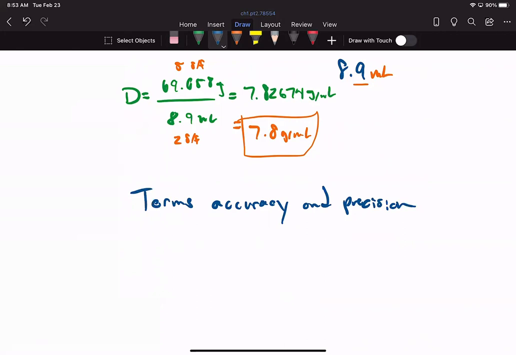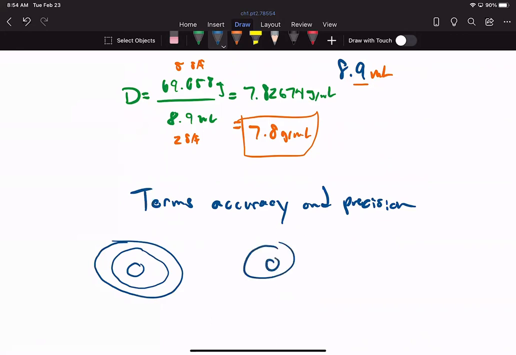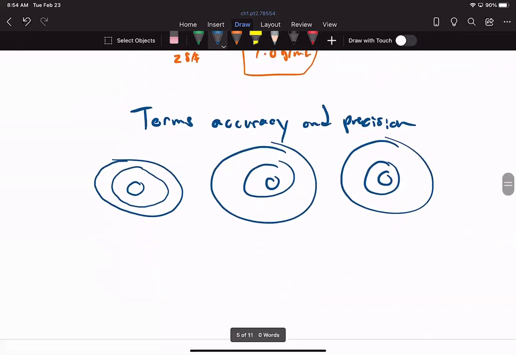Accuracy and precision, right? We can think in terms of a bullseye here. We have 3 targets. I know they're not perfect circles, but let's do the best we can.